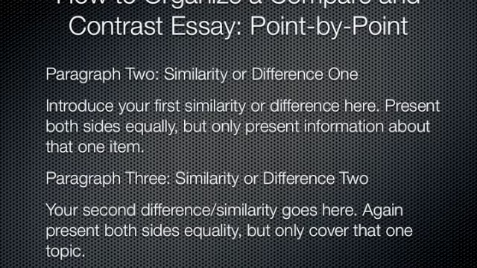Instead, here we're going to look at an independent element. So for paragraph 2, we're going to look at one difference or one similarity. You're going to present both sides equally, but only present things that tie in to that topic. The same is going to go for paragraph 3. Maybe you're going to do a 4 and a 5 also. That's fine. Just make sure you're hitting on an equally presented difference or similarity.